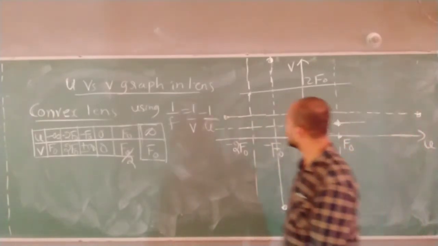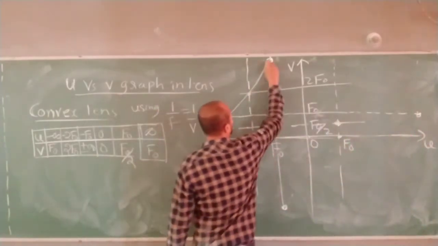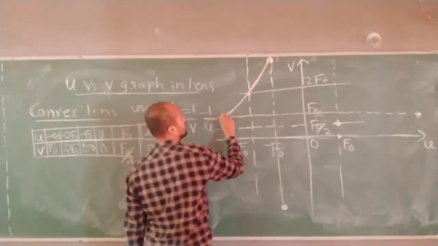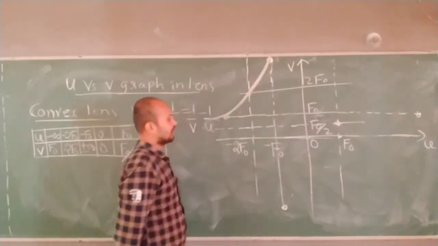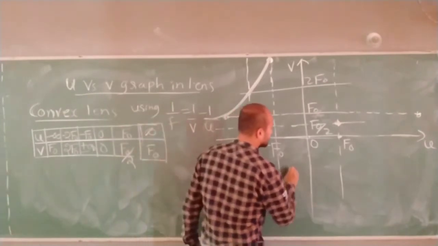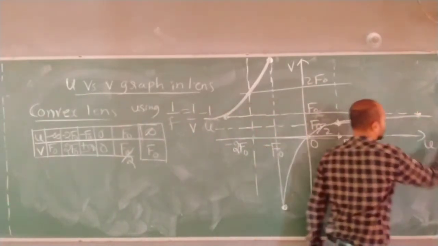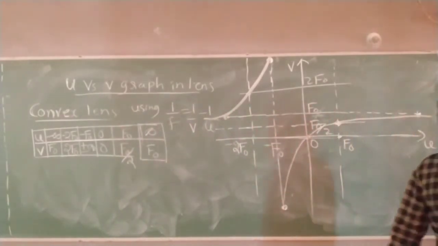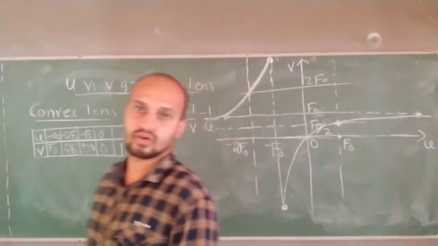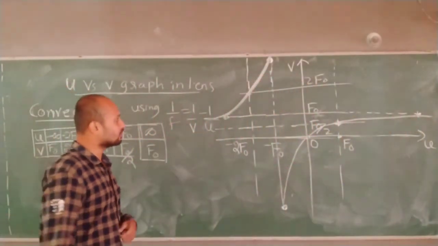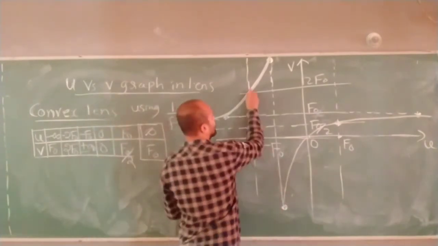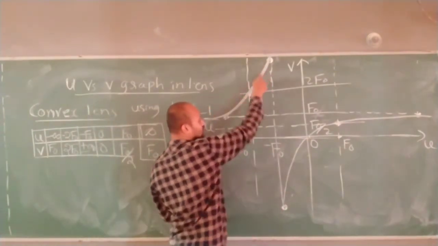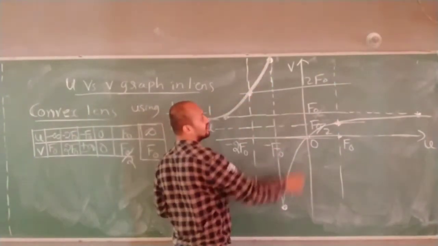So if I plot a graph, this graph will be a rectangular hyperbola here also. It is a hyperbola. Here it will be like this. Why you are learning the graph: if they give the graph directly, they will not give all these lines.